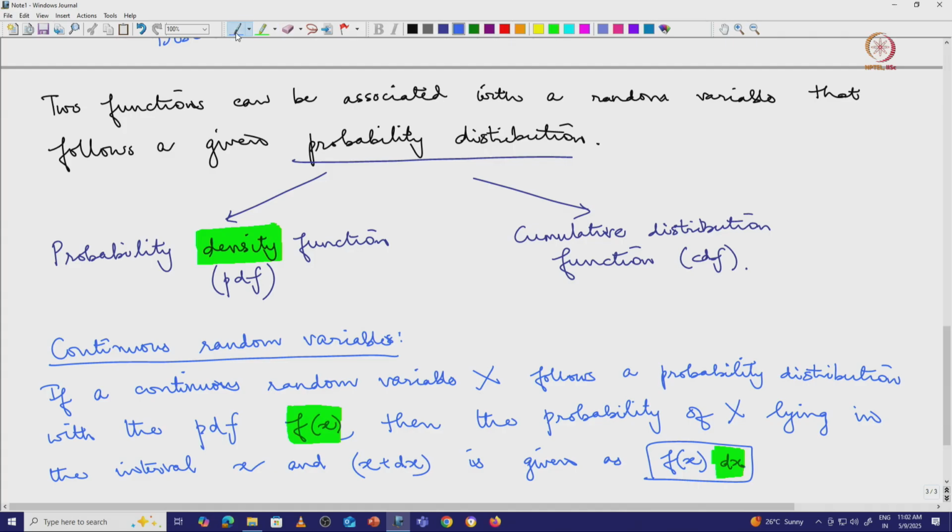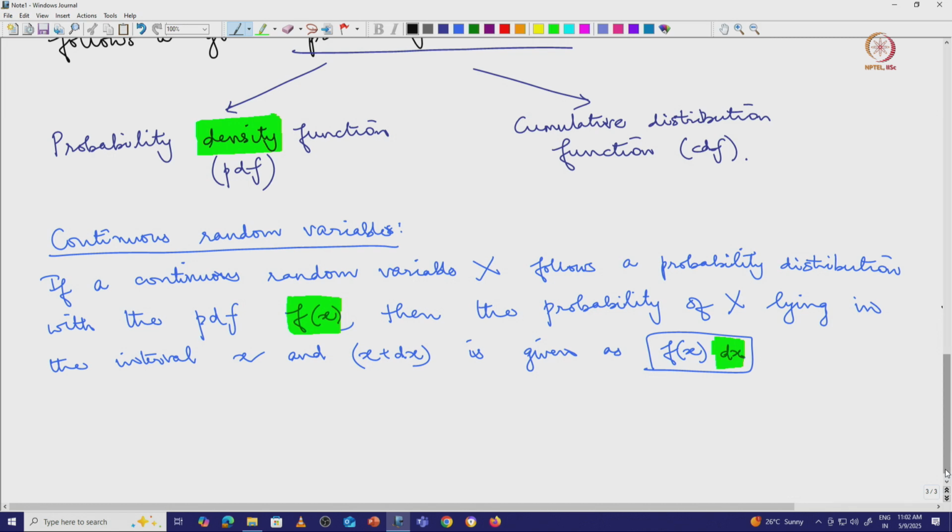So now we can write this a bit more formally using the P notation that we have used so far. So the probability that your random variable capital X lies between small x and small x plus dx is given as f(x) times dx.